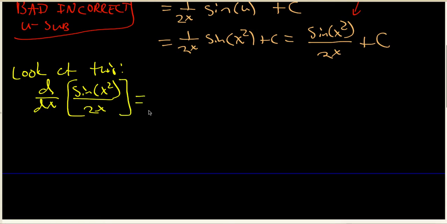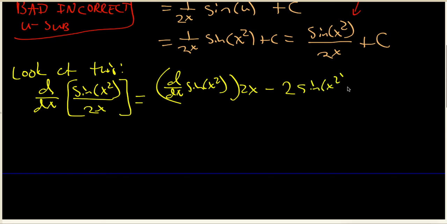And when I use the quotient rule, I'm going to get the derivative of the top times the bottom minus the derivative of the bottom, which is just a 2, times the top, all over the bottom squared.